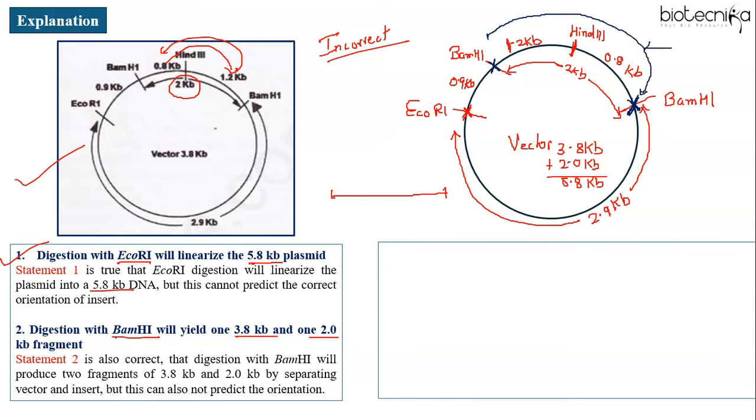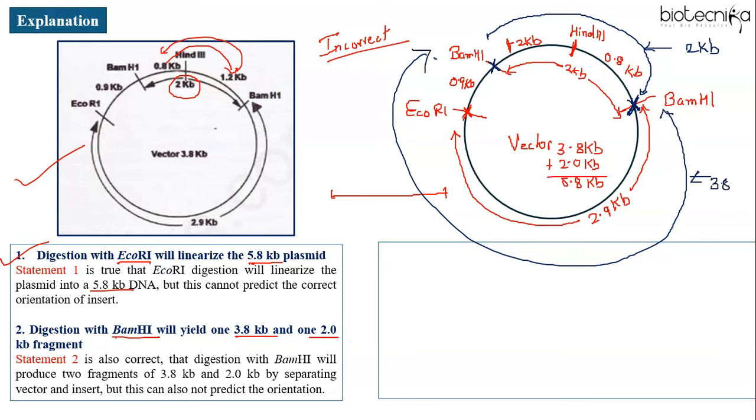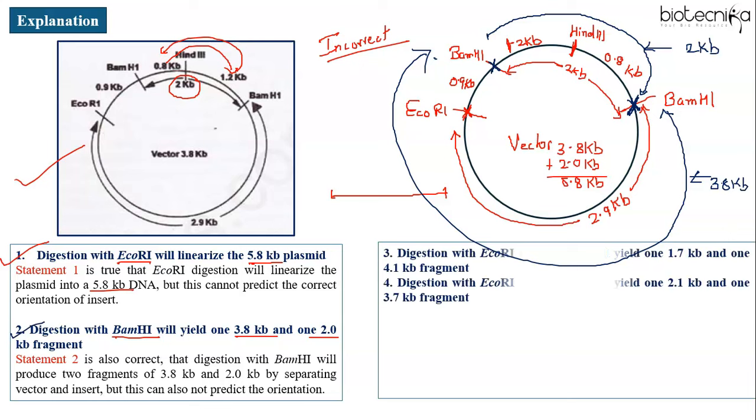So this is around 2 kb. And this is the vector. So from here to here, this is the vector. So yes, it is 3.8 kb. So this statement is also correct and cannot be the answer.